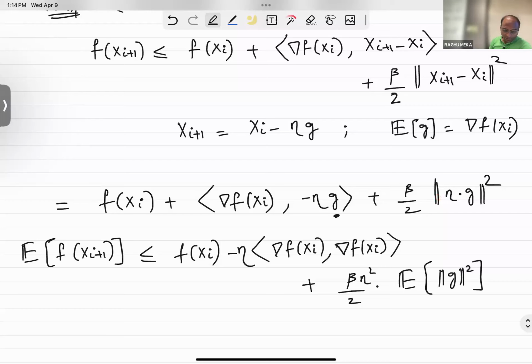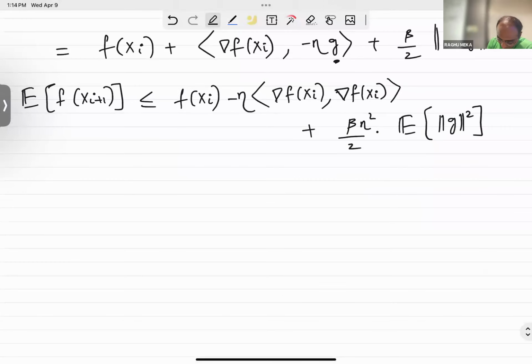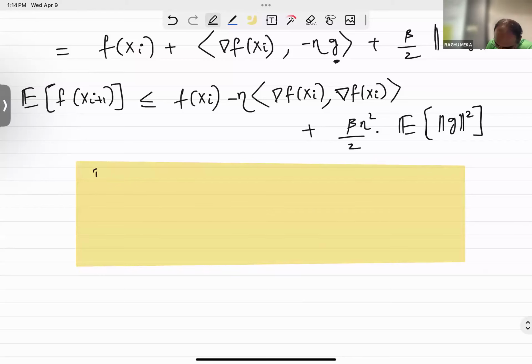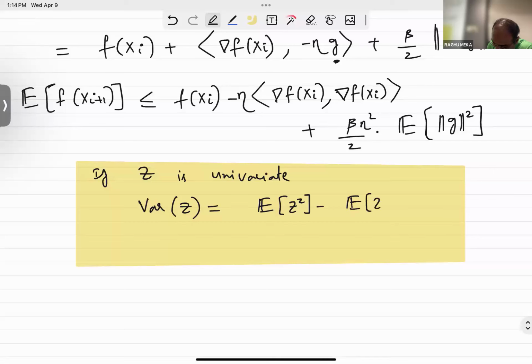All right. So the last thing that we need is from probability theory. If Z is univariate, then the variance is expectation of Z squared minus expectation of Z whole squared, right? And the same thing turns out to be true even for vector valued randomness.